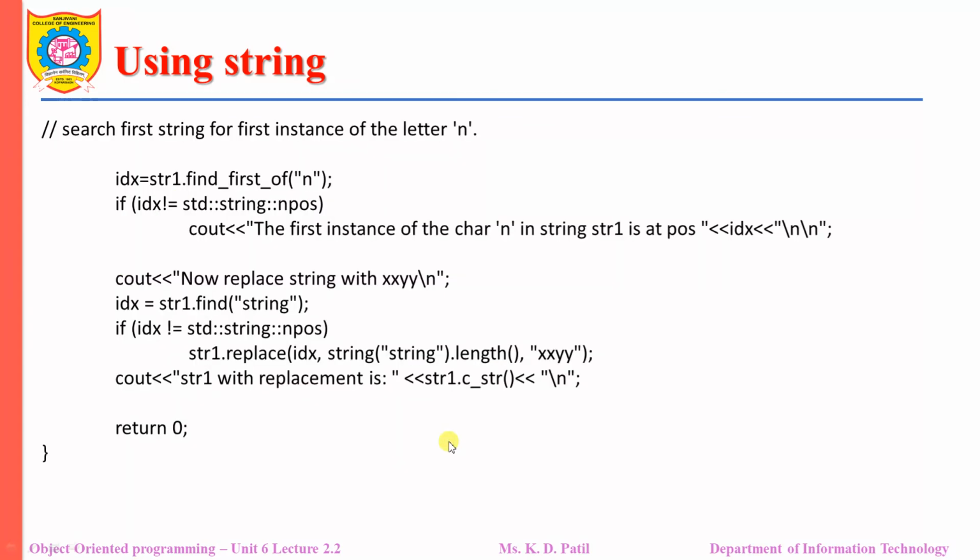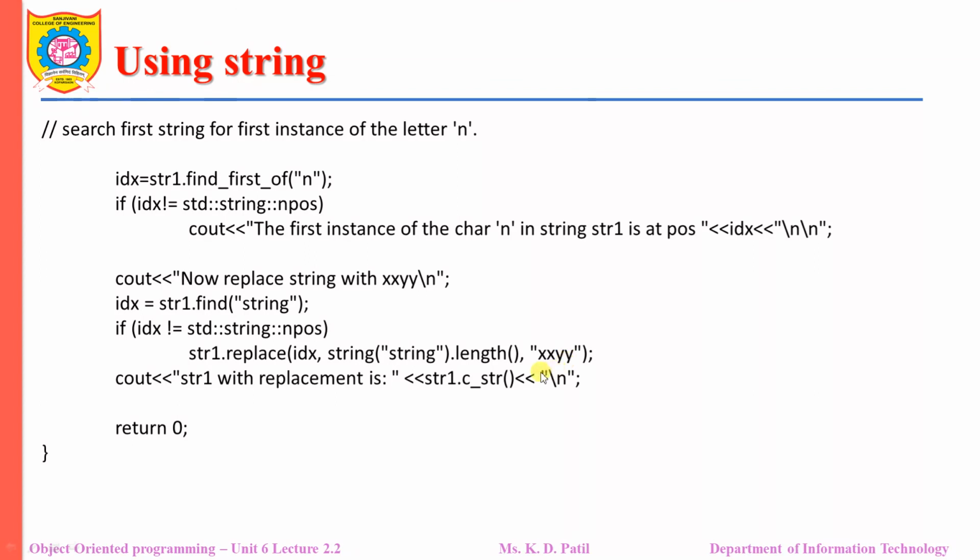Now if you observe here, the length of that string word is 6 and here the xxyy is of 4. Still it will be replaced because I have calculated the length of that string word here, and the complete length will be replaced with xxyy. It is not replaced character by character. Okay, it will be replaced completely.